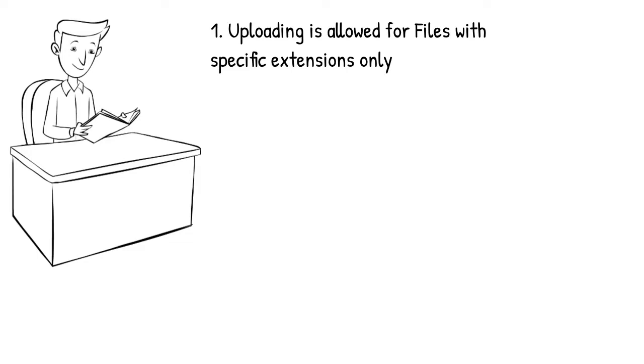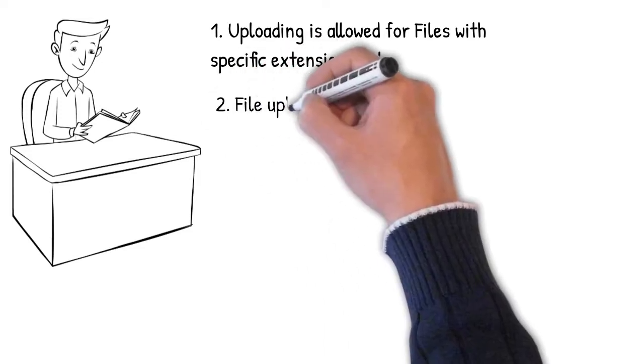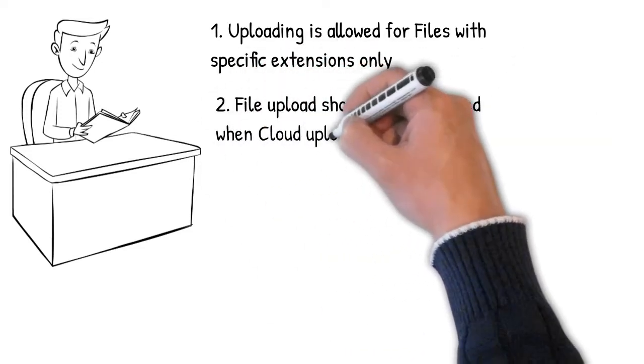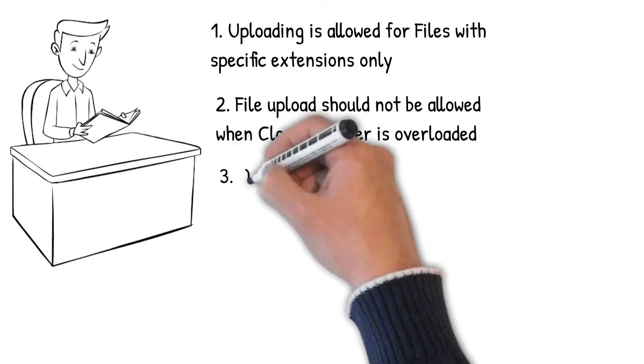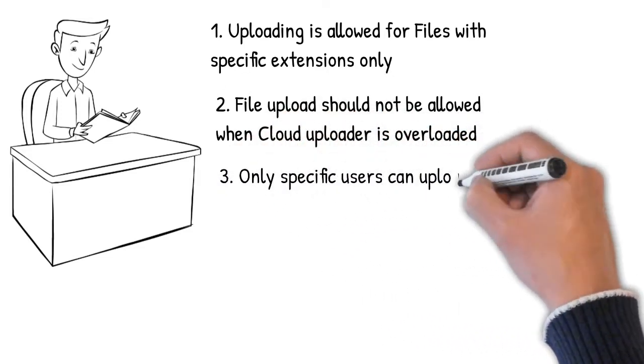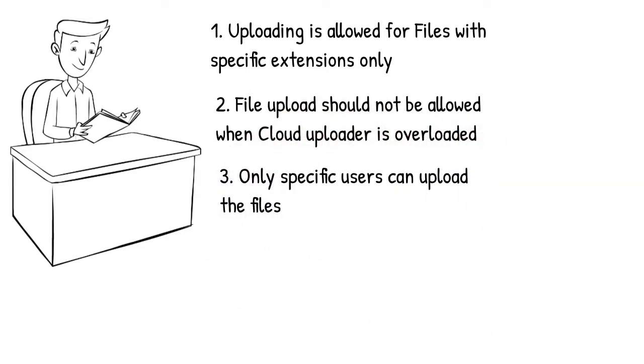So this is the first check. The second type of check is where we want to avoid any kind of uploads if the destination server or cloud is either busy or overloaded. And the third type of check is where we want to allow only specific users to upload the files.